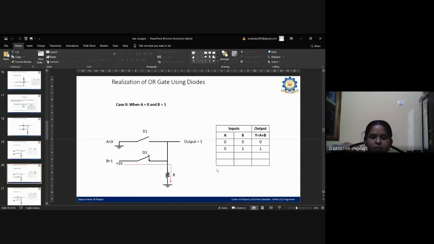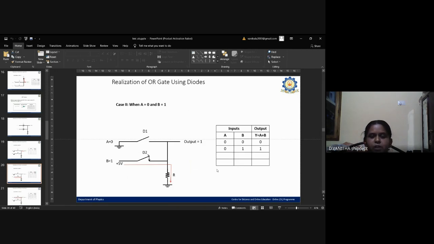So here, when A is equal to 0 and B is equal to 1, we are getting the output as 1. Here, the current will flow through one or both of the diodes. The current can be passed through one diode. So the current passes through the resistor, and this causes a voltage across the terminals. Thereby, we are getting logic 1.